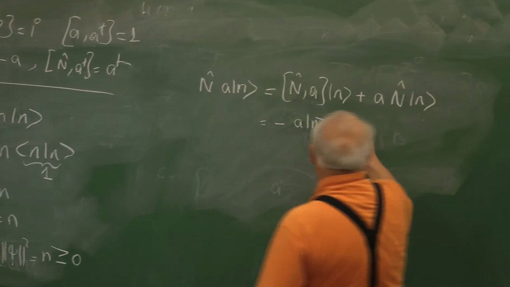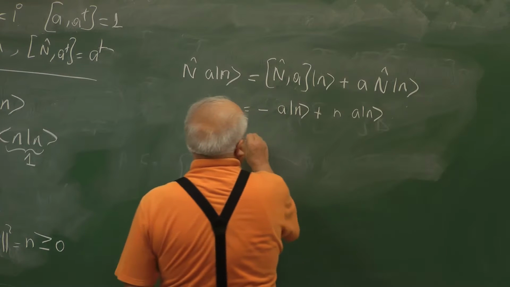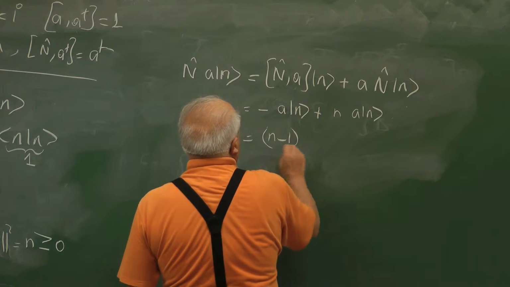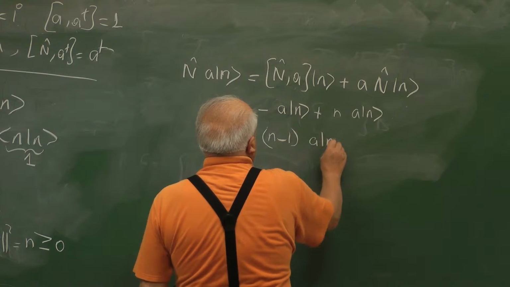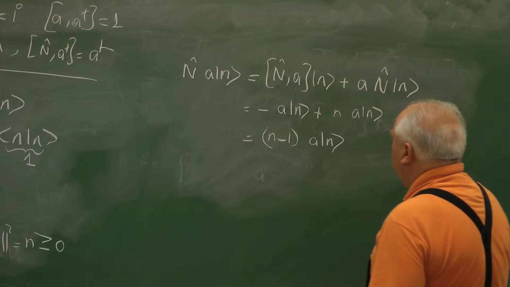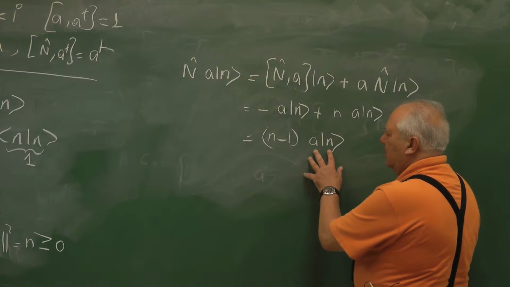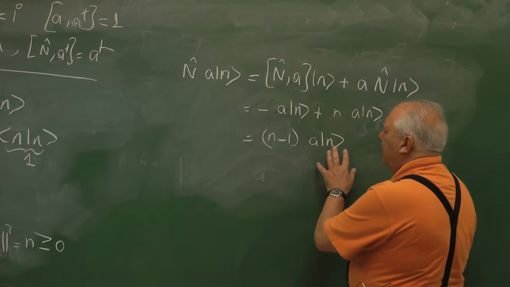So it is n minus 1 times a|n⟩. So a|n⟩ is proportional to the vector |n minus 1⟩.